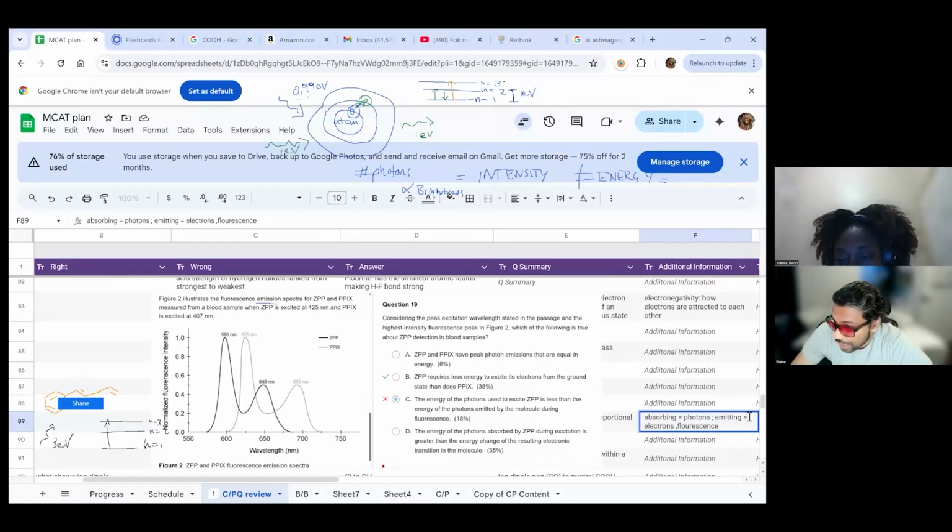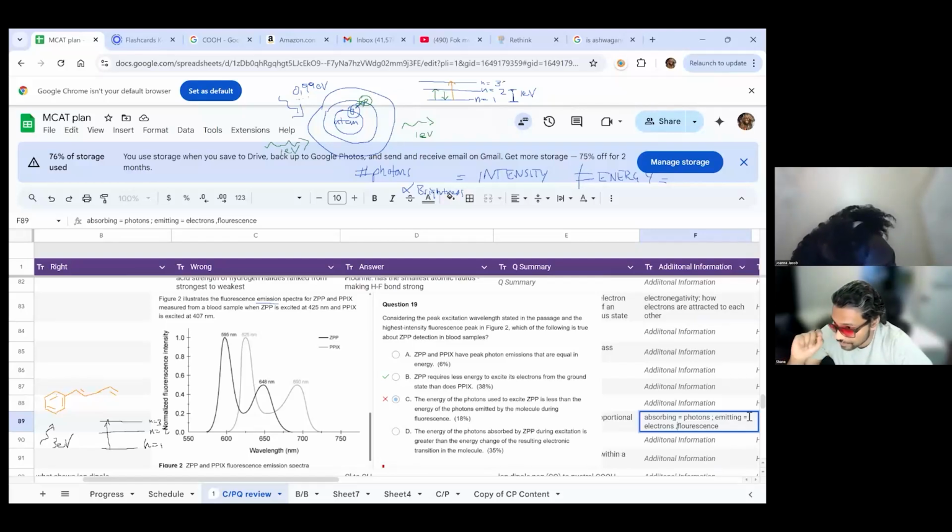But because of resonance, what does resonance do to a molecule? Stabilize. Exactly. So far, we've only talked about two possibilities. Either a photon can get absorbed, which would cause an electron to be excited, or an electron can relax, which will cause a photon to be emitted.